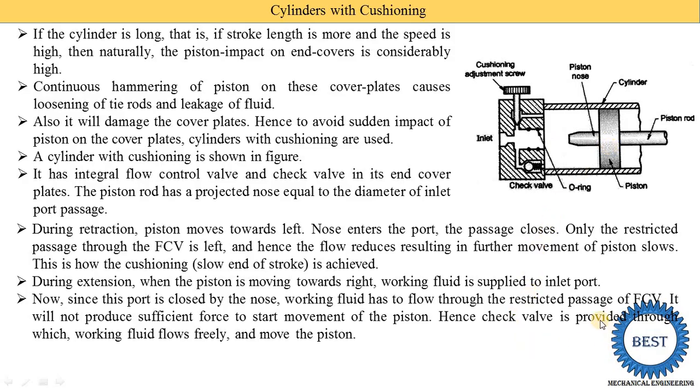Hence the check valve is provided, through which working fluid flows freely and moves the piston. So at the start of the extension, the nose is completely inside the passage, and the oil coming from the FCV is not able to move the piston. That's why the check valve is provided. Oil enters the check valve, the check valve applies force on the piston, and the piston starts to move.